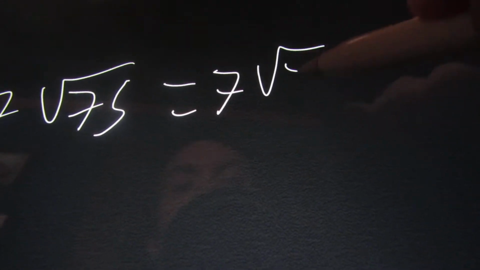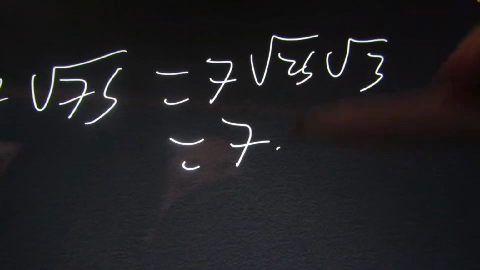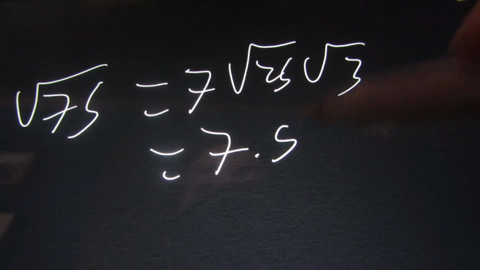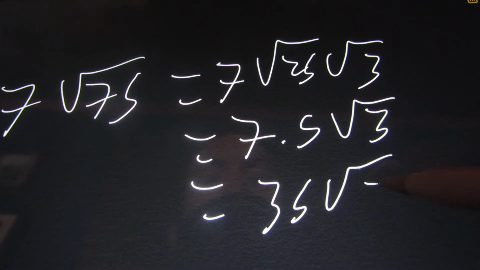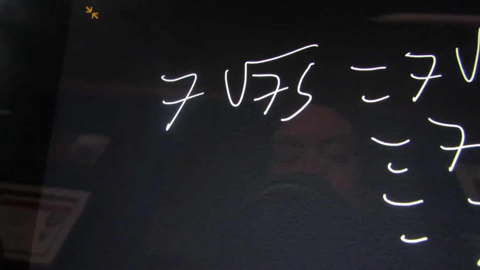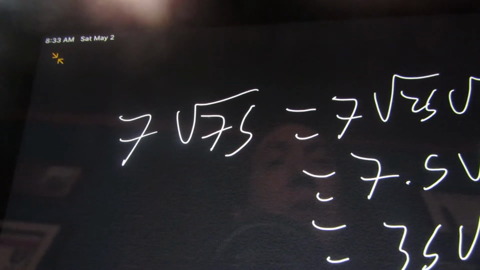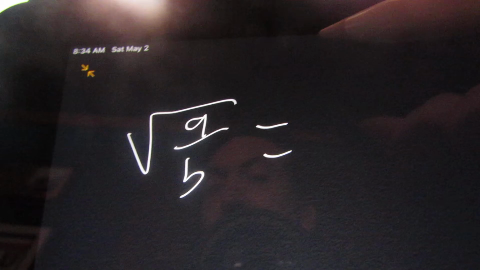So the square root of 75, a 25 will go into 75 3 times, so we can rewrite this as 7 times the square root of 25 times the square root of 3, which equals 7 times 5 times the square root of 3, which equals 35 square root of 3. So that's what we're going to do when we have a number in front of the radical, which is the square root sign.